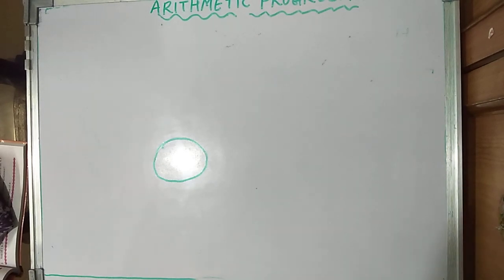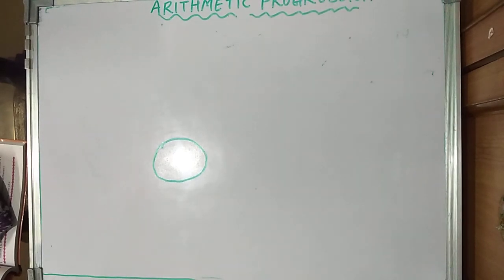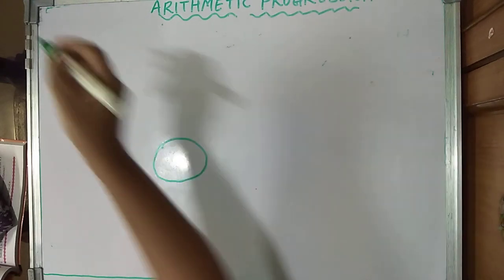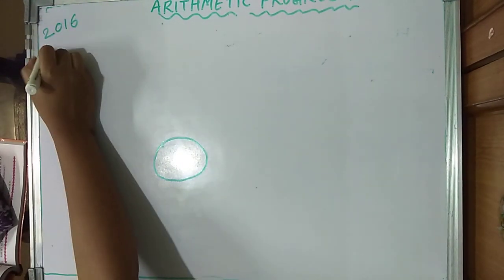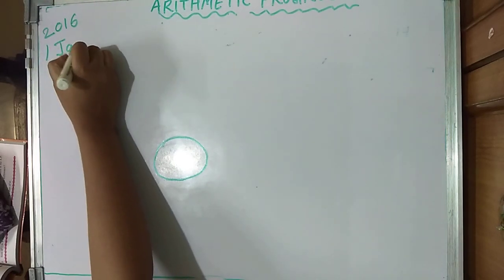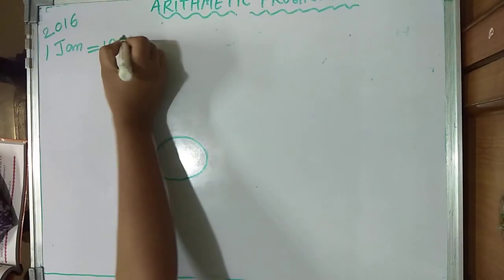So she has started with the new year resolution for year 2016, and from the 1st Jan onwards, she started saving some money. On 1st Jan, she started with 10 rupees.